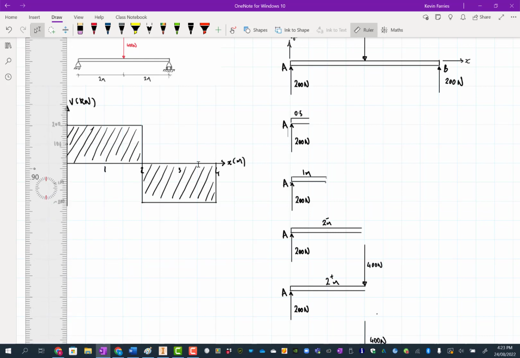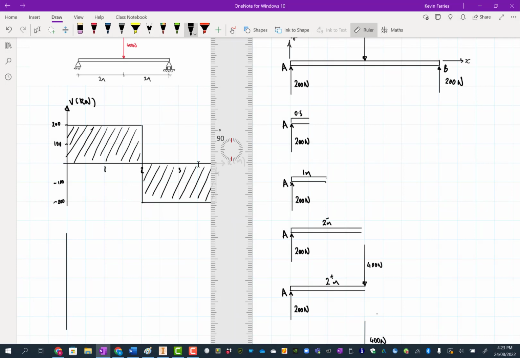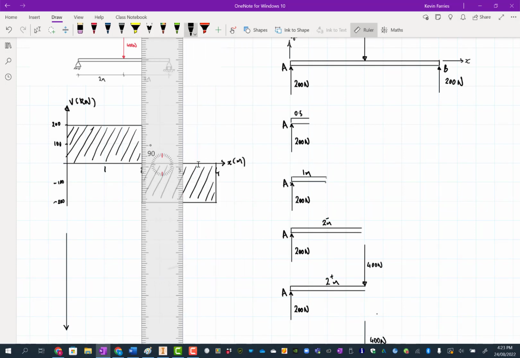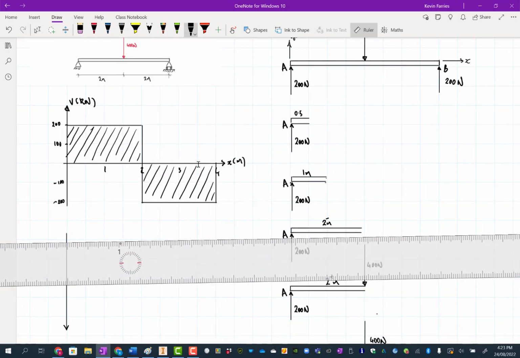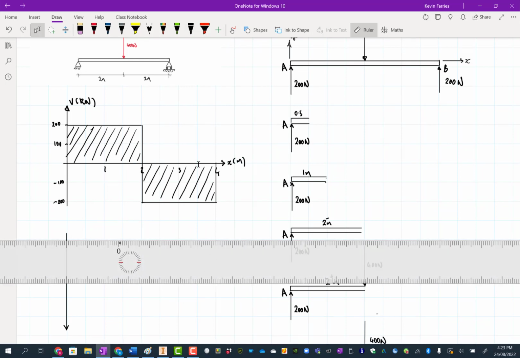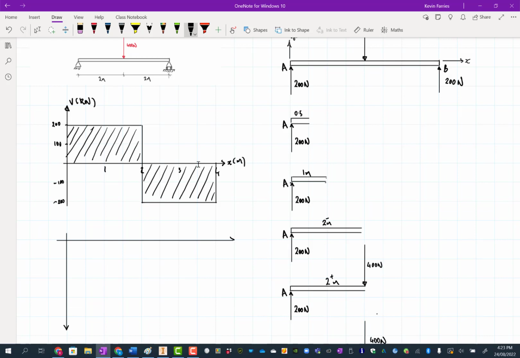So the first thing we're going to have to do is draw our axes. And remembering that for bending moment, we're going to draw positive down the way. Because I have some other tricks up my sleeve that I haven't told you about, I already know what the maximum moment of this is going to be.